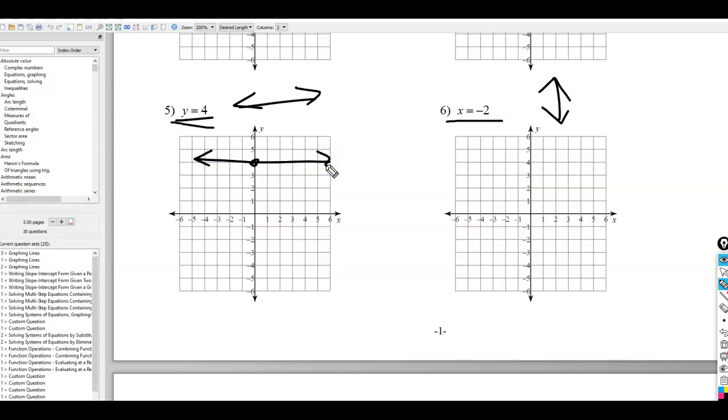That's how you graph the line y equals 4. Whereas for the line x equals negative 2, you're going to find where x equals negative 2, which is right there on the x-axis, and then draw a vertical line. I didn't draw it very well. Still didn't draw it very well. Let's try again. There we go, a little better. A vertical line, negative 2. Okay, so that's how you graph the ones that have only one variable.